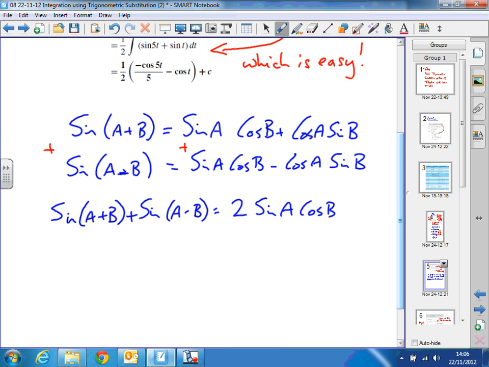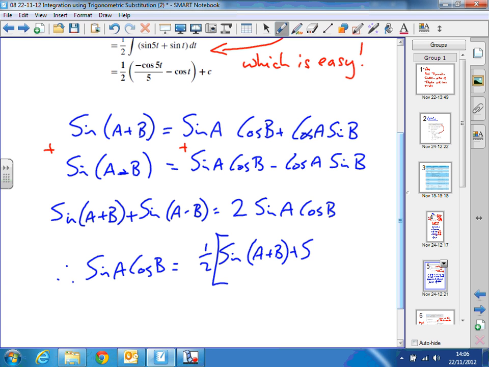Now, dividing both sides by 2, we get, therefore, that the sine of A times the cosine of B equals a half of the sine of A plus B plus the sine of A minus B.